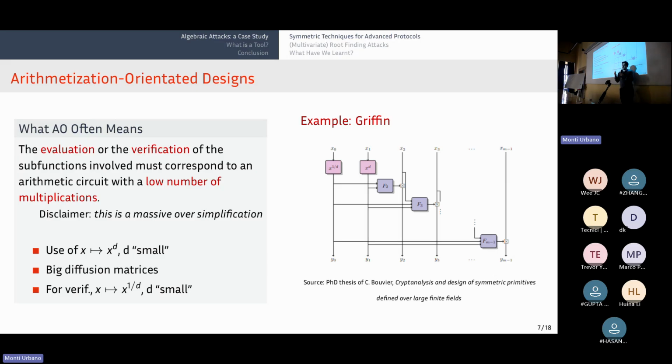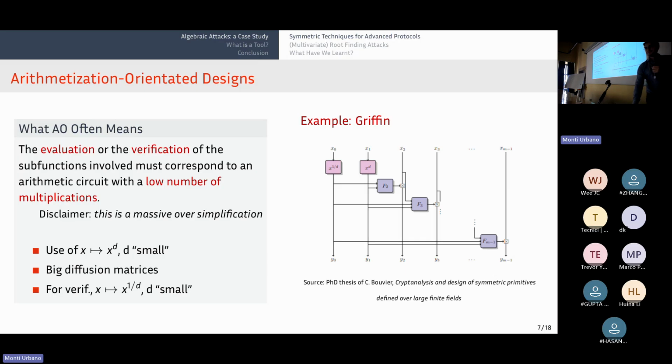Griffin is a hash function which is optimized to have an efficient arithmetization of the verification. So you have your small monomial, your inverse of small monomials, and these functions f2, f-1 are quadratic. That's the kind of stuff we talk about when we talk about arithmetization-oriented symmetric primitives.